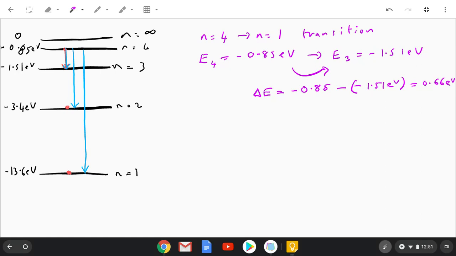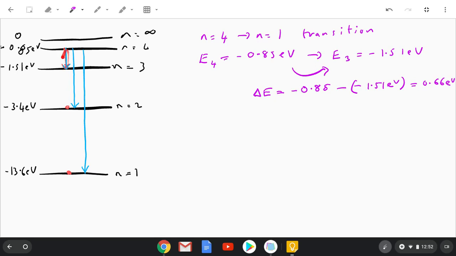Now, that is one possibility of the billions of atoms of the hydrogen vapor when the electron is in the 4th orbit and it jumps to, let's say, the 3rd orbit. It loses 0.66 electron volts of energy.